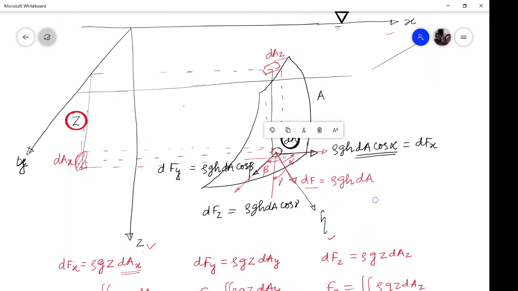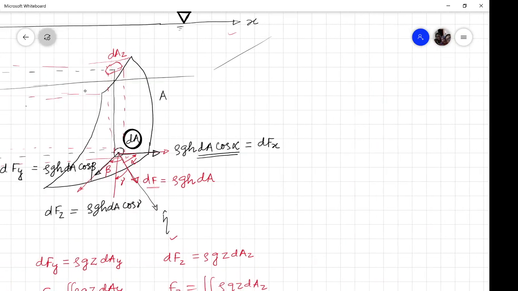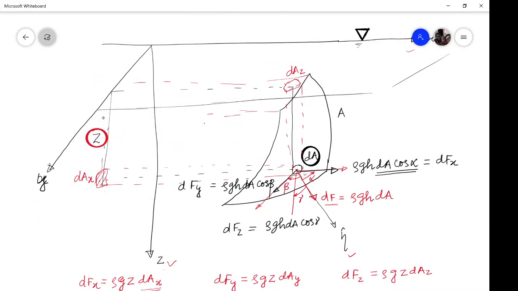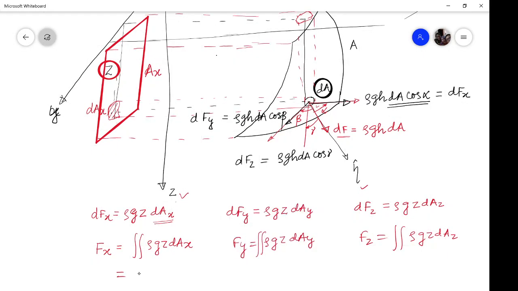So let us say this is the projected area onto the x plane. Okay, this is Ax. Then this will be rho g times the integral over Ax of z dAx.